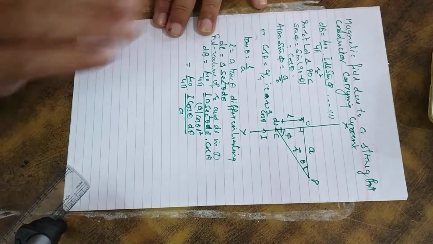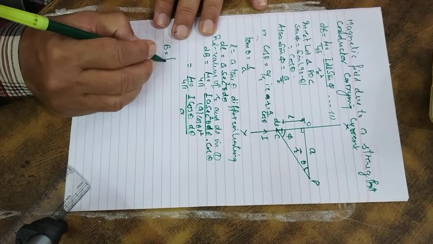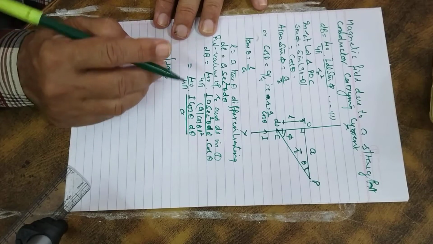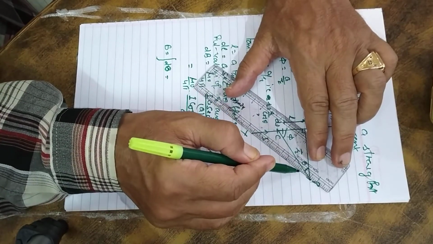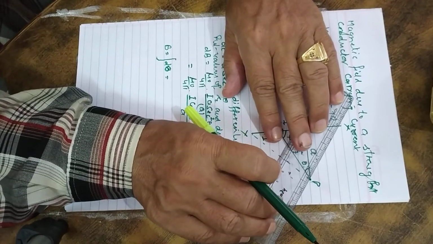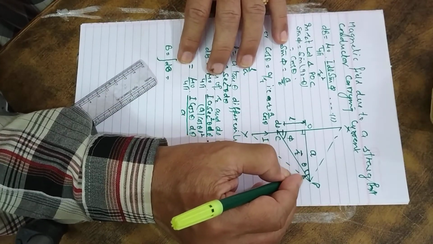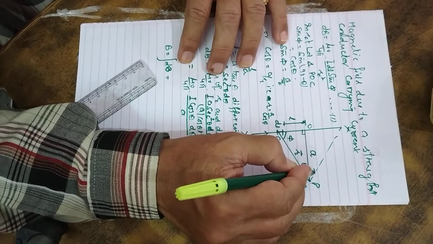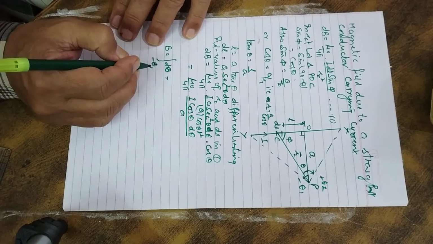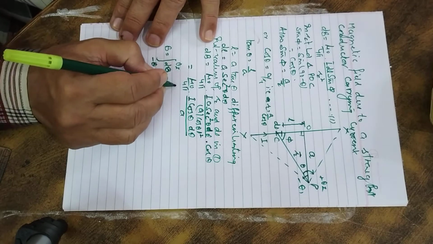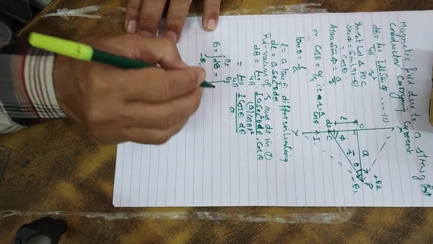What is the total magnetic field due to the whole conductor? The total magnetic field will be B is equal to integration of dB. Joining this side, from here this angle is minus theta 1 to plus theta 2. These are the limits. So integration from minus theta 1 to theta 2.